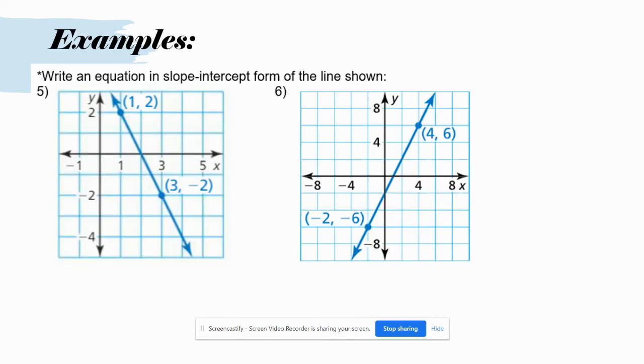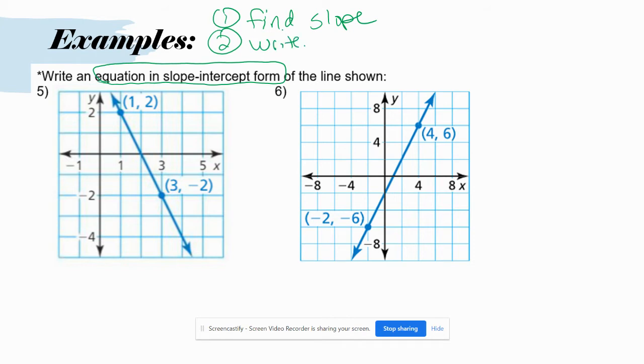So our examples, it says write an equation in slope-intercept form. All right, so they're asking for slope-intercept form, but I only have information to write point slope form. So first, find the slope. Second, write point slope form.